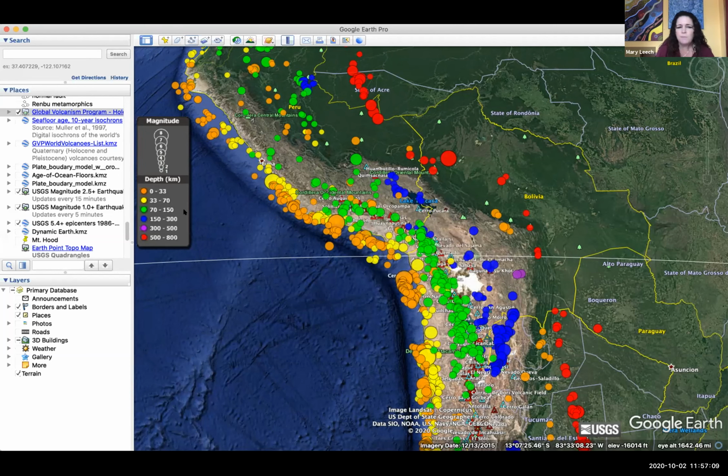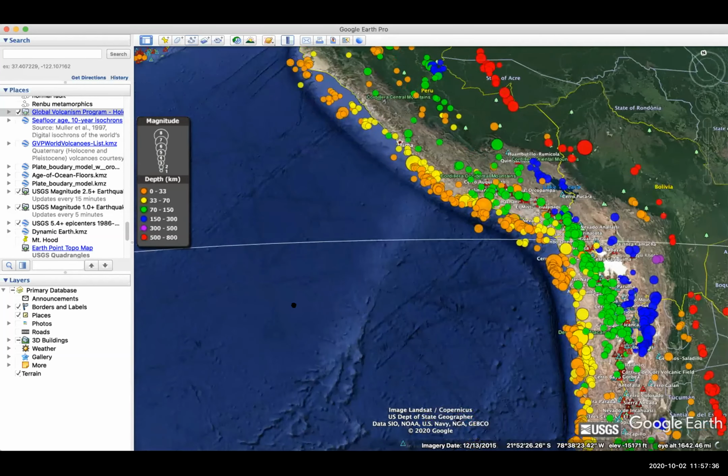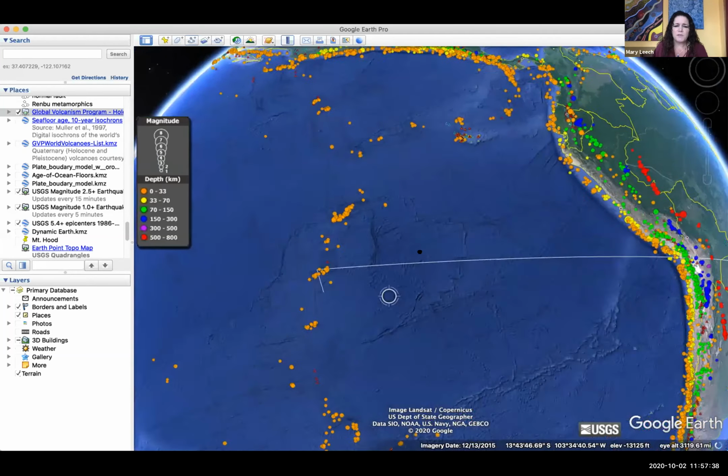So it's above the part of the plate that's between 70 and 150 kilometers down. So all the water that's being dragged down with the plate, that melting process doesn't start until fairly deep. And then it finds its way up to the volcano at the surface. So that was some of what you're supposed to see.